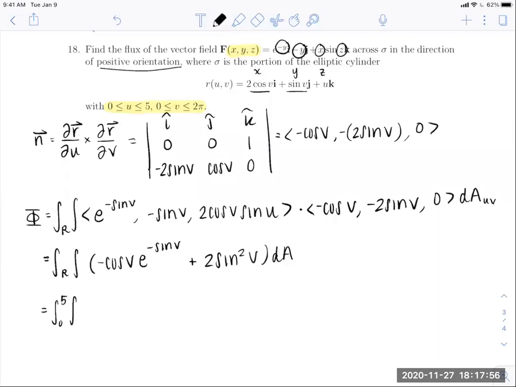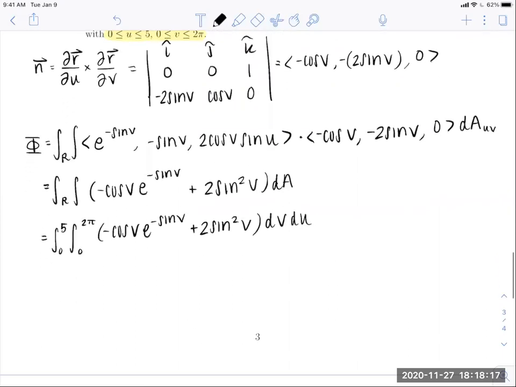So I'll put my u limits on the outside, my v limits on the inside, and I have my negative cosine v e to the negative sine v plus 2 sine squared v dv du. All right. So the first thing that I'm going to do here is use that half angle formula again, just to simplify this sine squared.